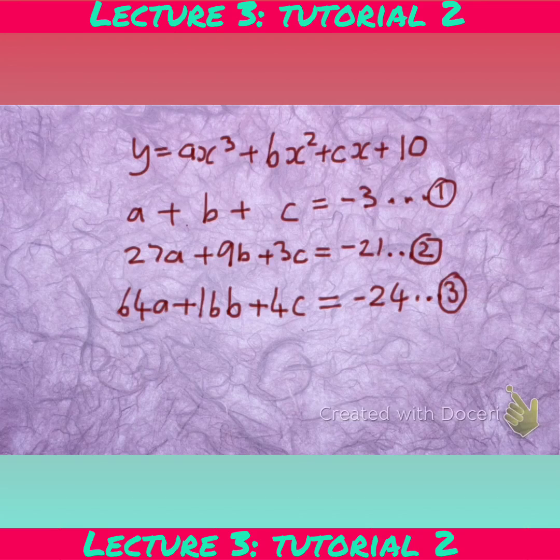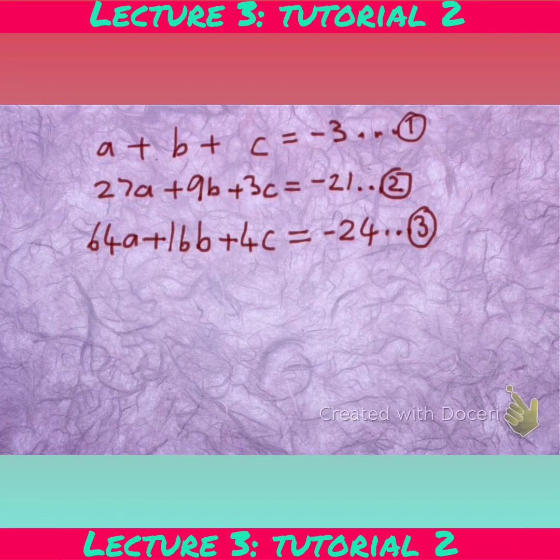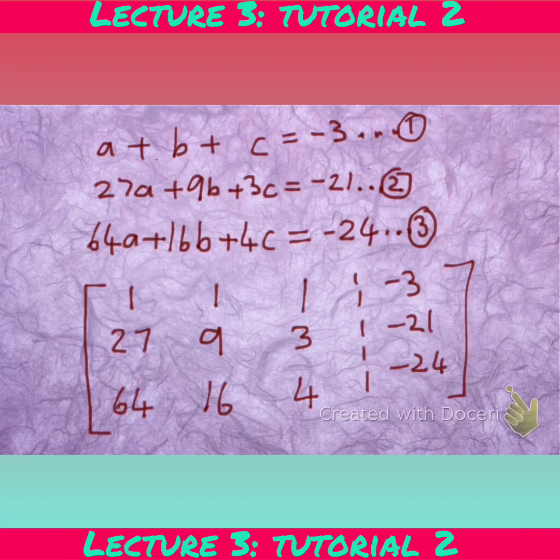Now I've got a linear system with 3 equations and 3 unknowns, and we know how to solve that using Gaussian elimination. We set up an augmented matrix. The first row of this augmented matrix is going to be 1, 1, 1, minus 3. Second row is going to be 27, 9, 3, and minus 21. And the last row is going to be 64, 16, 4, and minus 24.